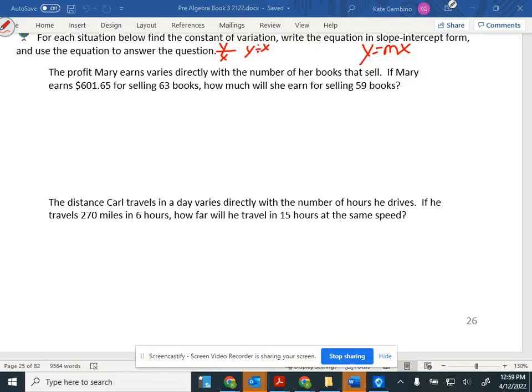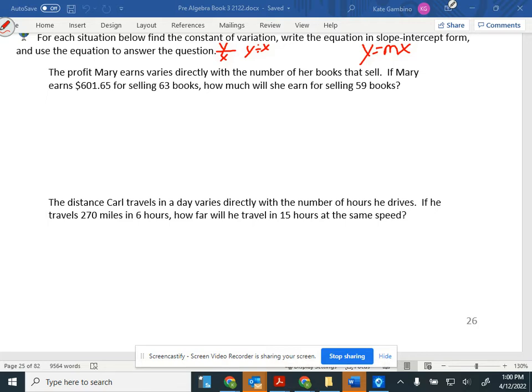And use the equation to answer the question. So we need to figure out what our Y and our X is. So that's our first thing, is figuring out the Y and the X so we can find the constant of variation.